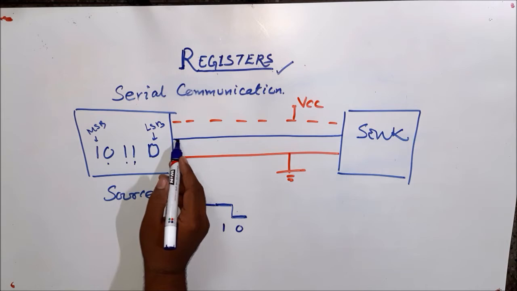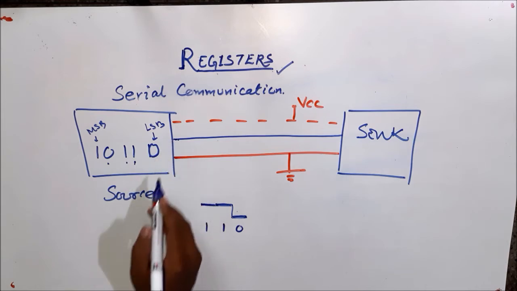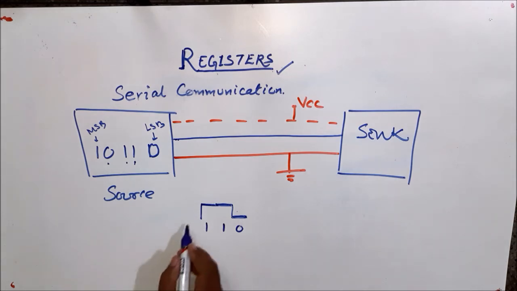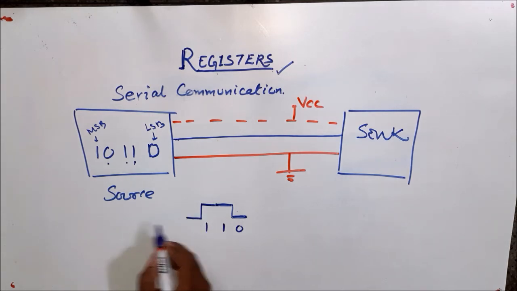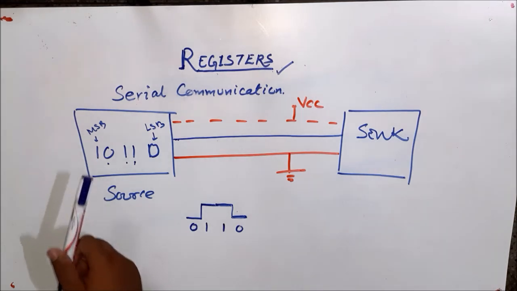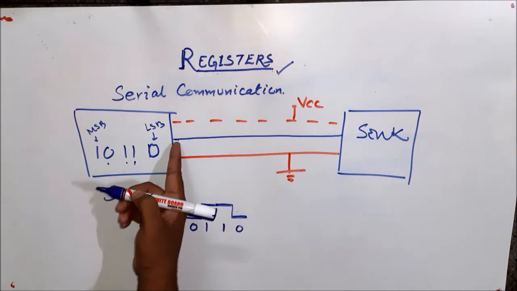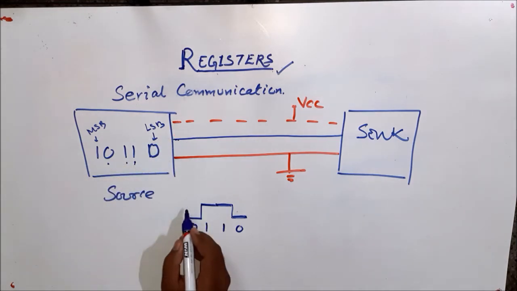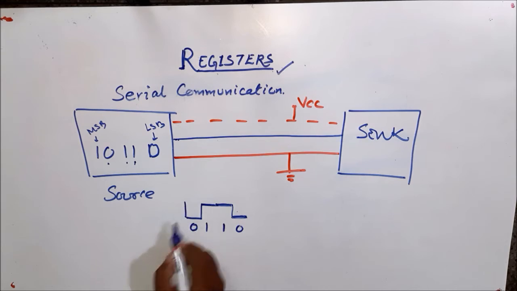So this blue data line is connected to the ground line. So this graph will become like this and wait for some time because 0 has to be transferred. Okay, so this is 0. Then after that my MSB has to be transferred. So this blue line is connected to the VCC by the source, and it will look like this.